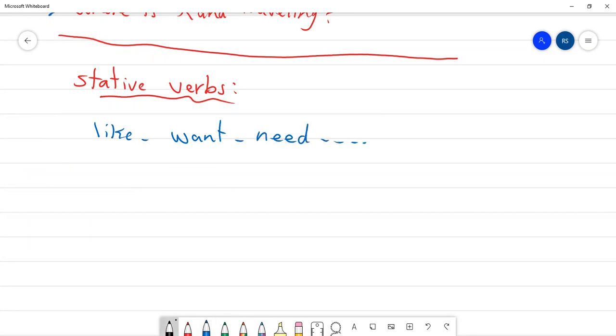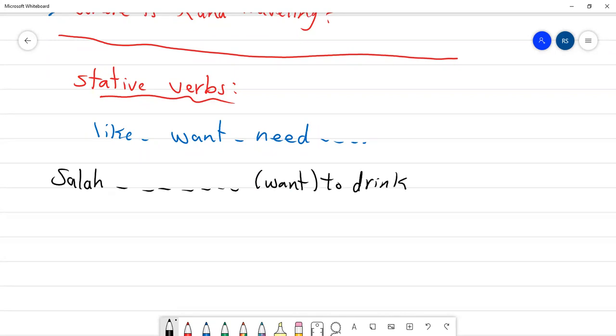For example, Salah want to drink tea now. Now, as you know, expresses present progressive. So we say, who can answer this question, my friends? Salah? Wants. Here, now, wants. Excellent.